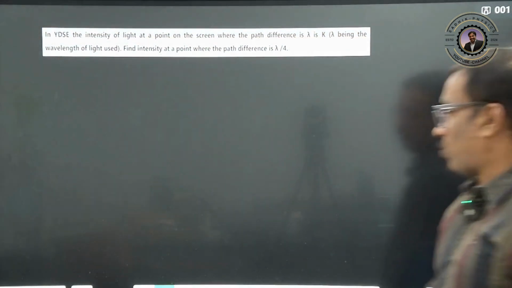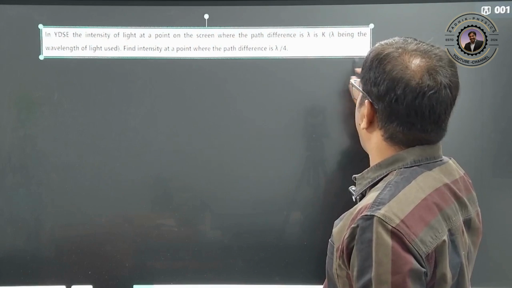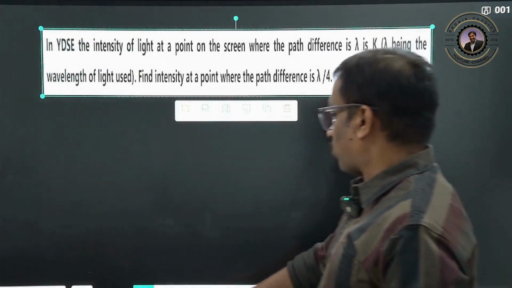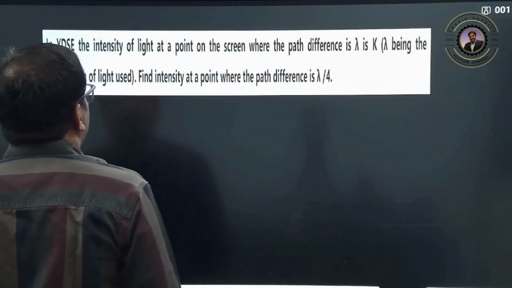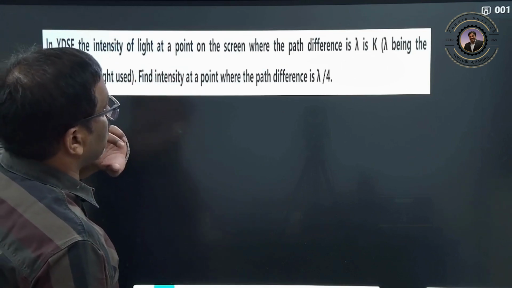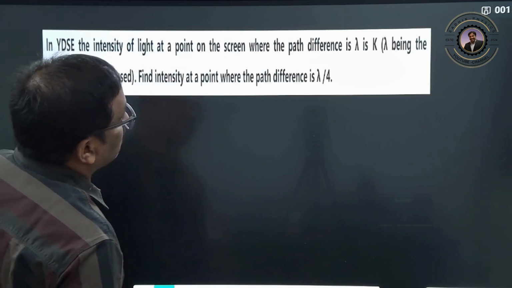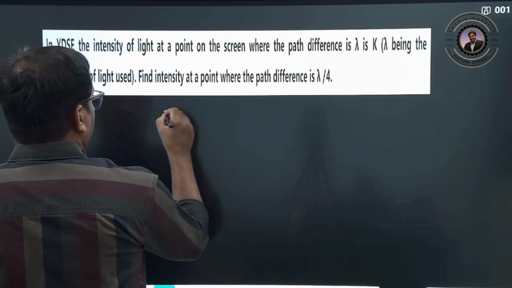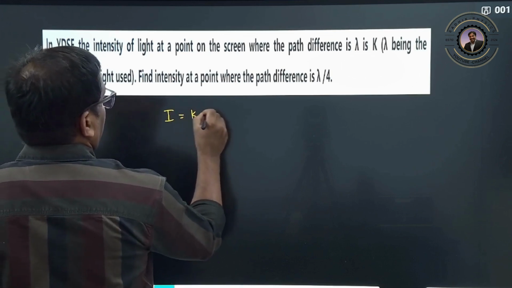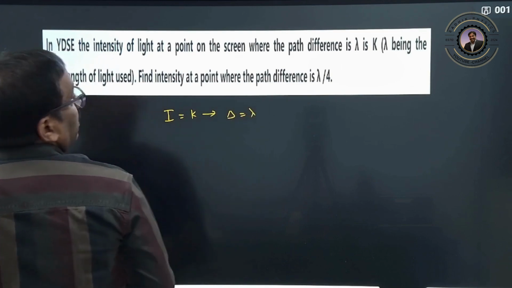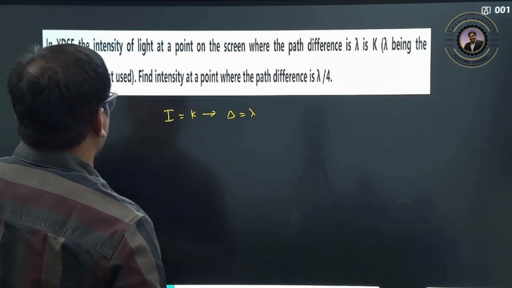Now we'll go for one more question. This is a slightly important question. In YDSE, the intensity of light at a point on the screen whose path difference is lambda is k. Lambda is the wavelength used.